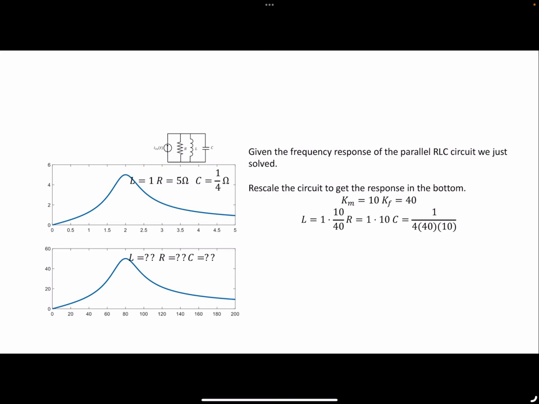It's just not very neatly written, but basically, you multiply by Km and divide by Kf for L, you multiply by Km for R, and you divide by both Km and Kf for C. That's it.